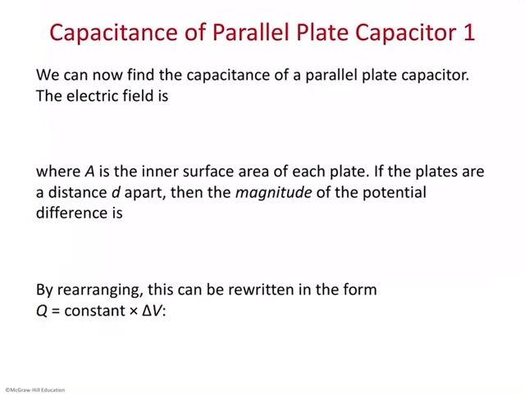All right, so capacitance of parallel plate capacitors. A couple more equations, and then I'll probably stop the video, and then we'll do an example. So we can define or find the capacitance of a parallel plate capacitor. The electric field is equal to the charge density divided by epsilon, which is that permittivity constant.